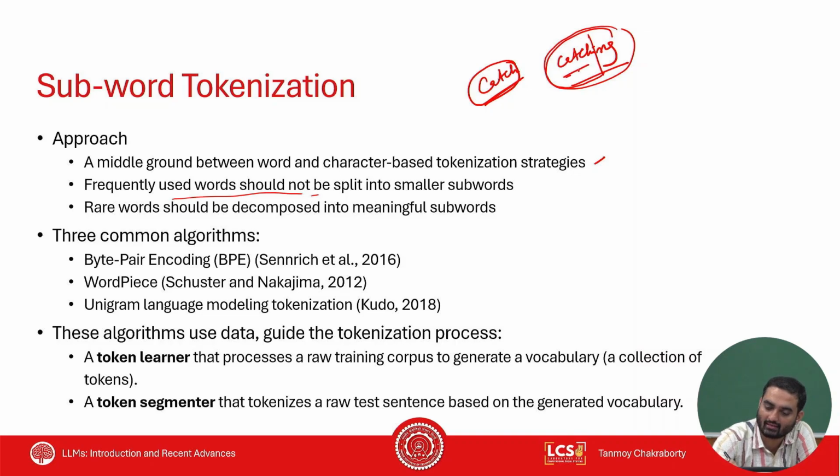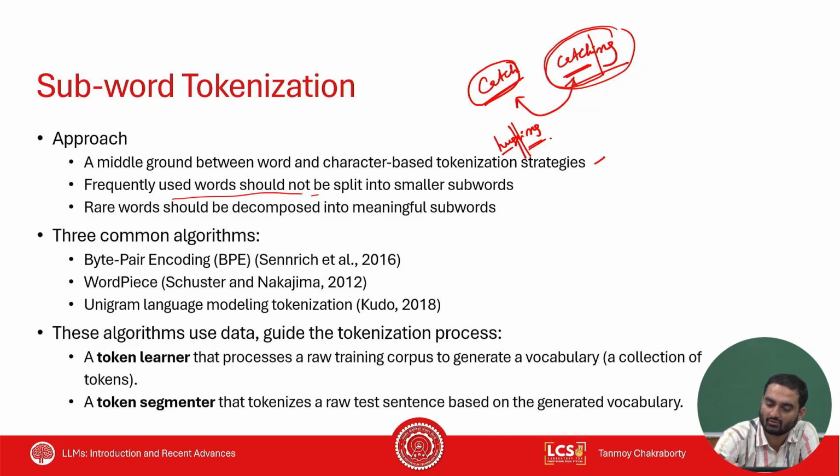And since the word catch is also present here, maybe the words catch and catching are kind of similar, appearing in similar contexts, and so on and so forth. Similarly, let's say another word, hugging, and let's say this is the split, hugg, for example. Again, it's a hypothetical split, and ing.